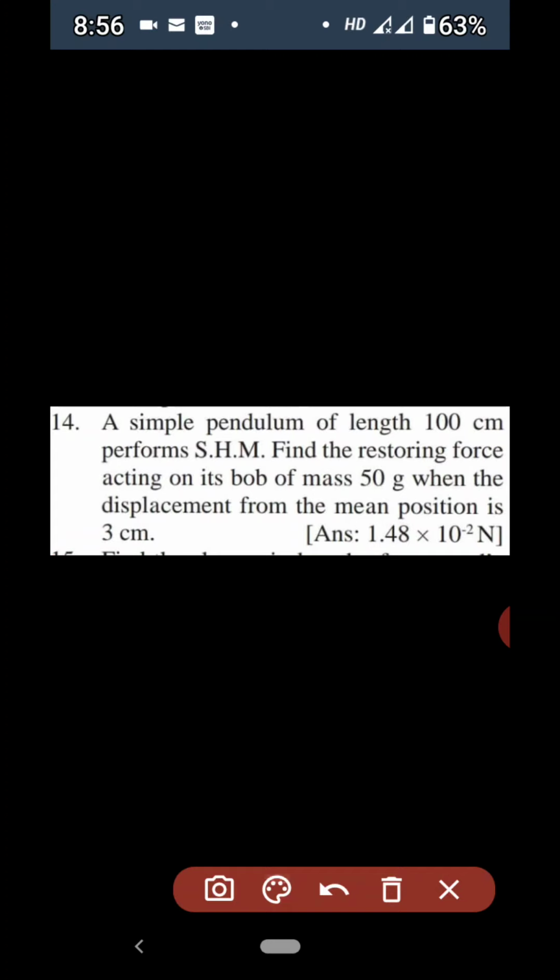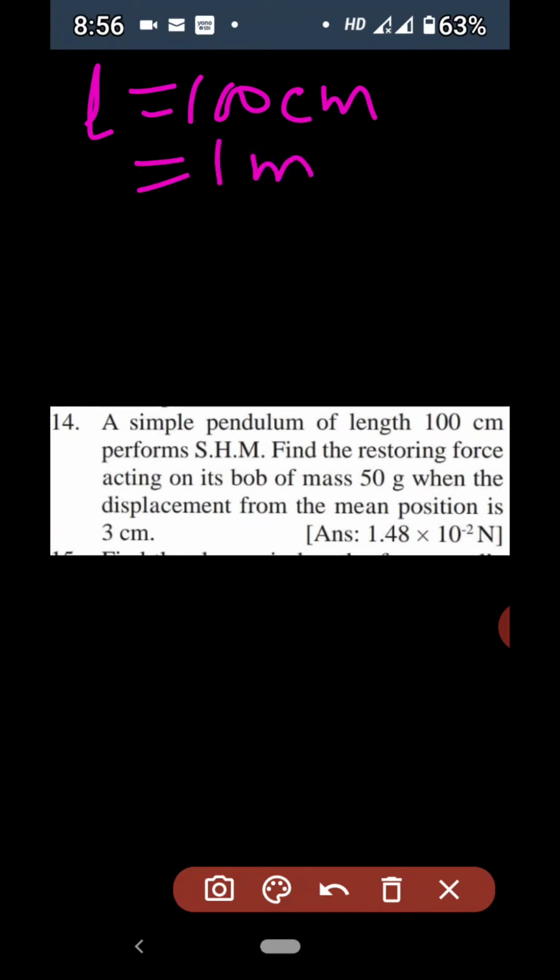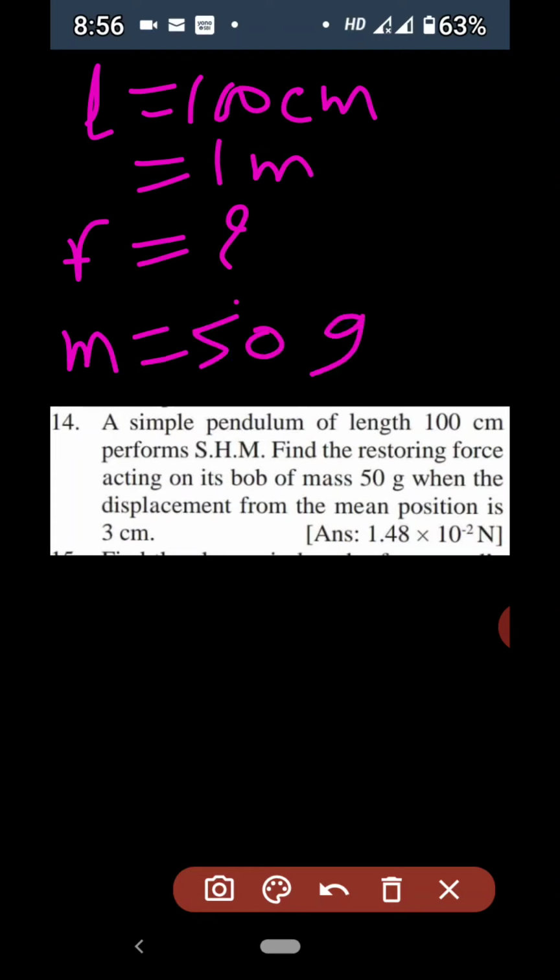Now next one, numerical number 14. A simple pendulum of length 100 centimeter. So L is given 100 centimeter means 1 meter. Find the restoring force, means F. F is asked to find, on its bob of mass 50 gram. You can convert this gram into kilogram by multiplying by 10 raised to minus 3.